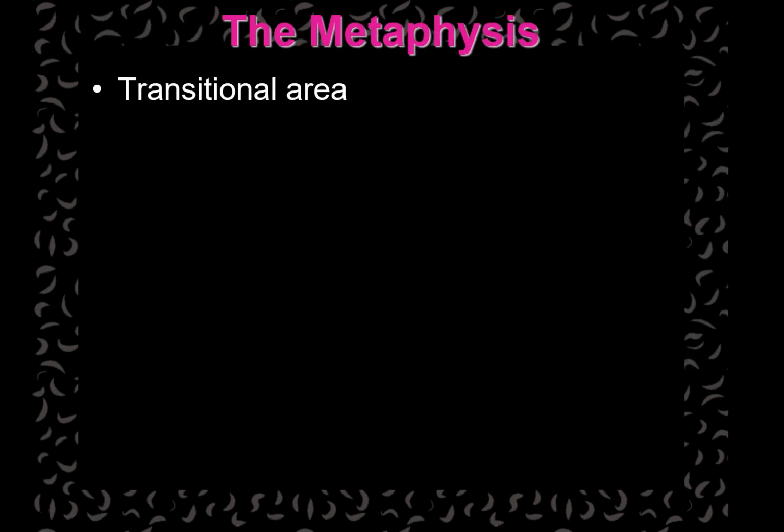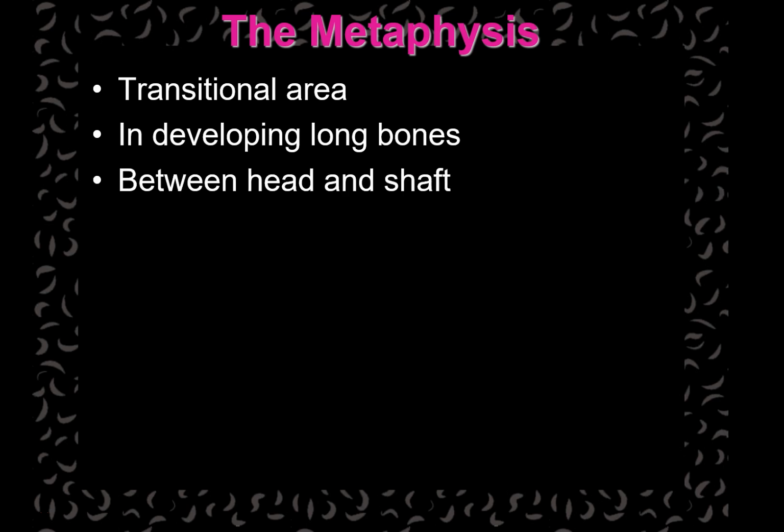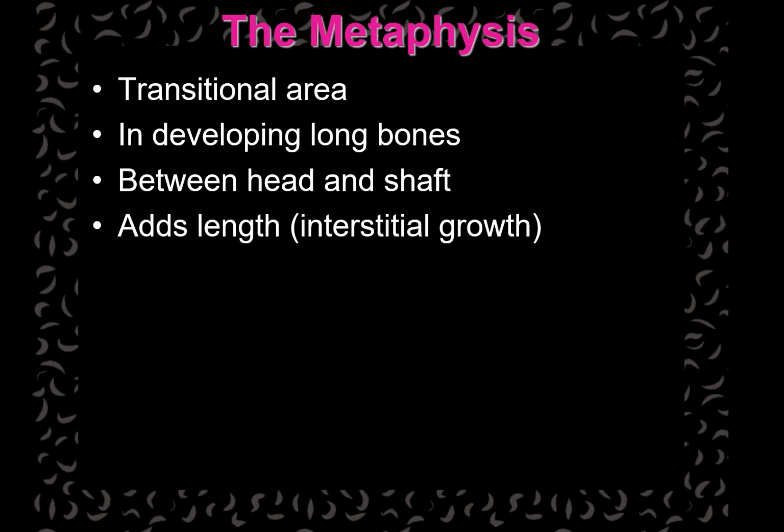It's a transitional area from cartilage to bone. You find it in the developing long bones between the epiphysis and the diaphysis, or between the head and the shaft. This endochondral ossification with these metaphyses, with these epiphyseal plates, is how we add length to the bone, otherwise known as interstitial growth.